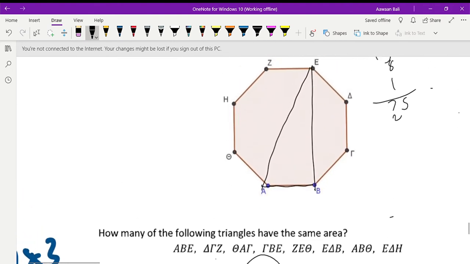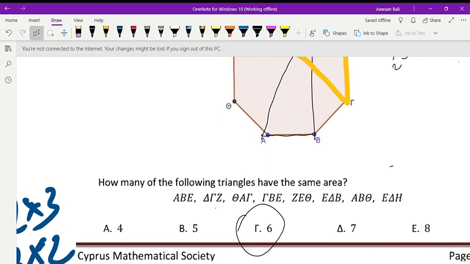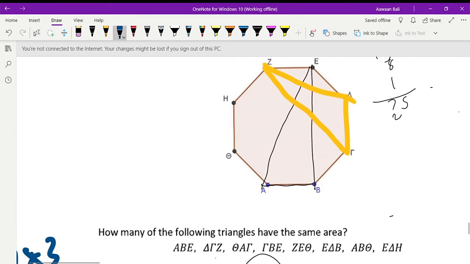Delta, gamma, zeta. So now we have delta, gamma, zeta. They're not equal, so we can start from delta, gamma, zeta now. Theta, alpha, gamma. So we have here, and then we add it with the gamma, which is here. And you see that the blue and the yellow triangles are the same.